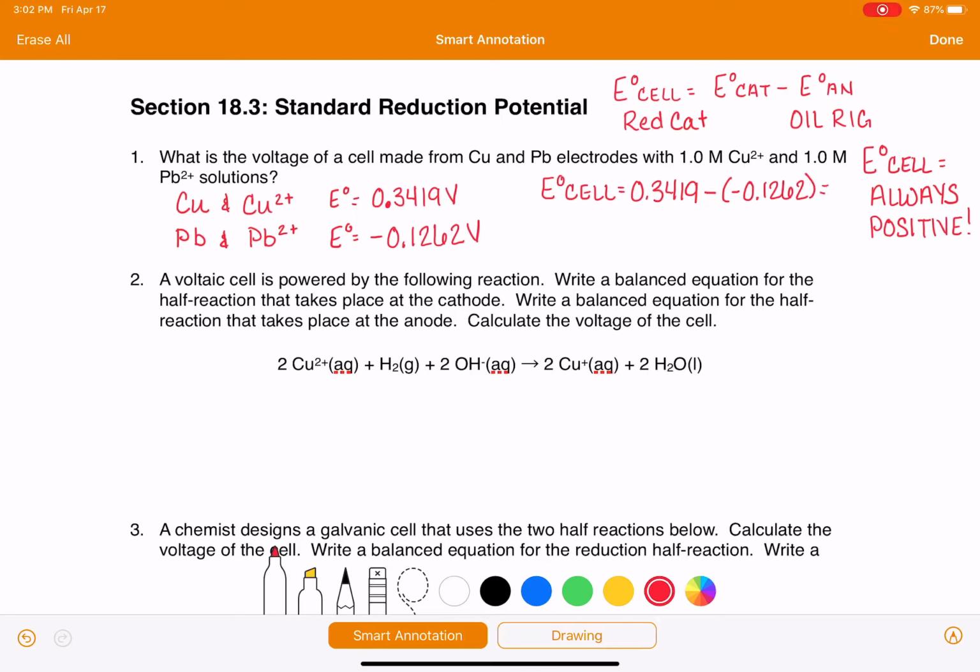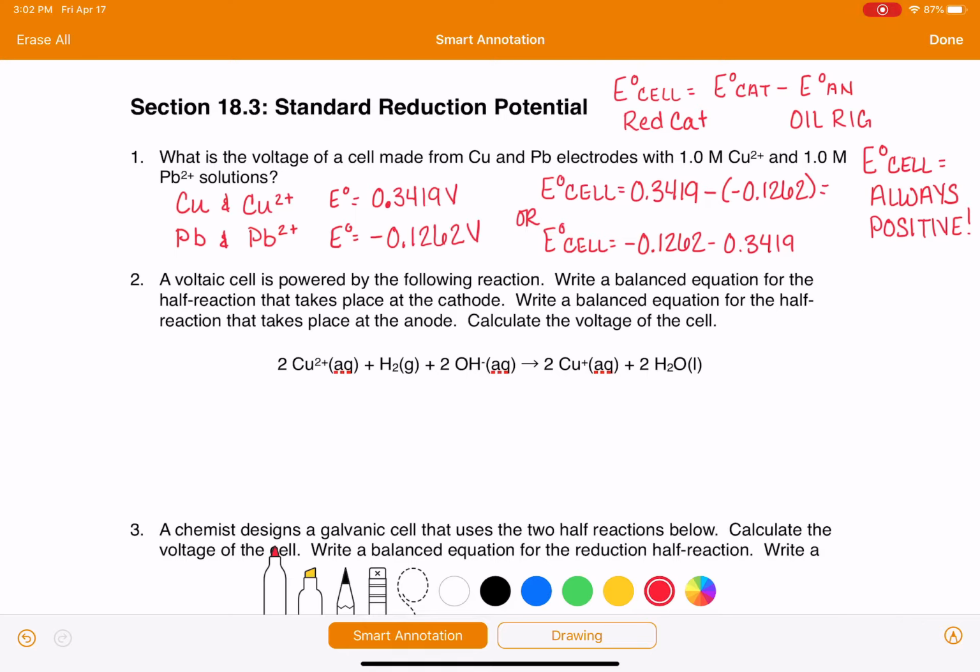Or our other option is that lead is our cathode, in which case it would be negative 0.1262 minus 0.3419.